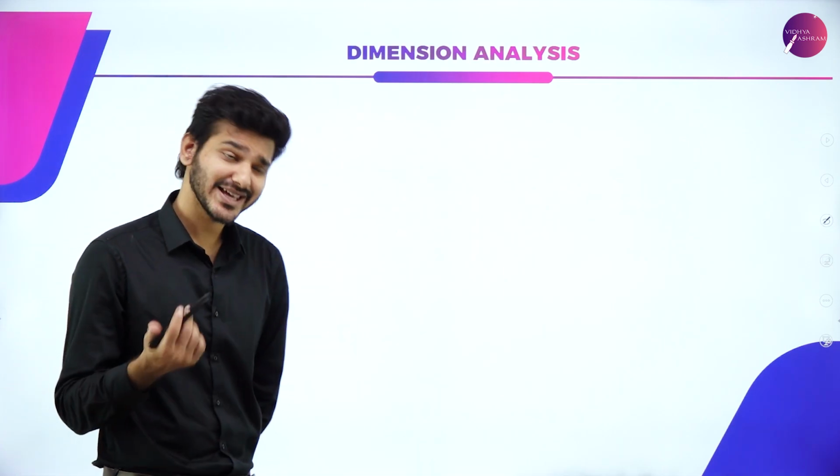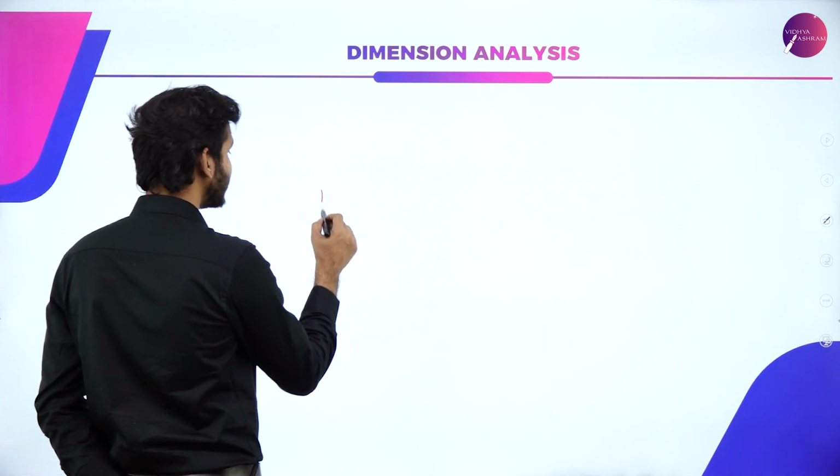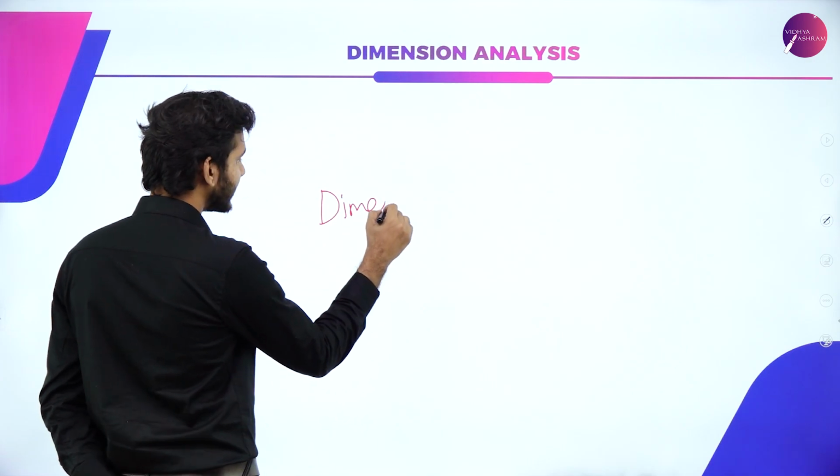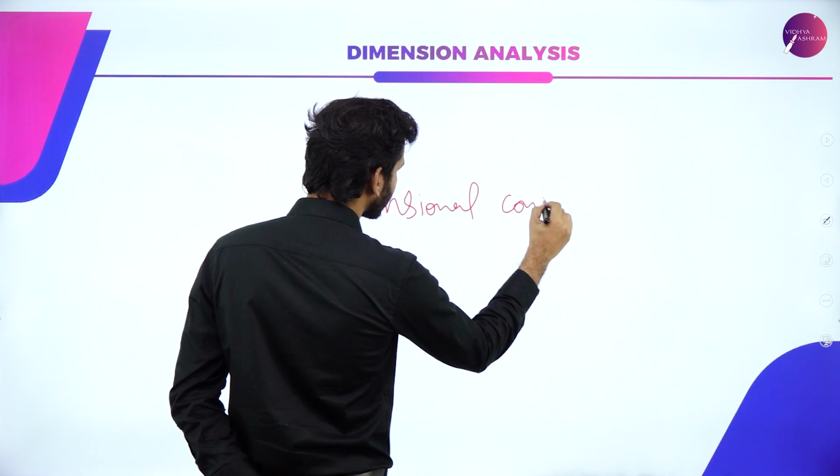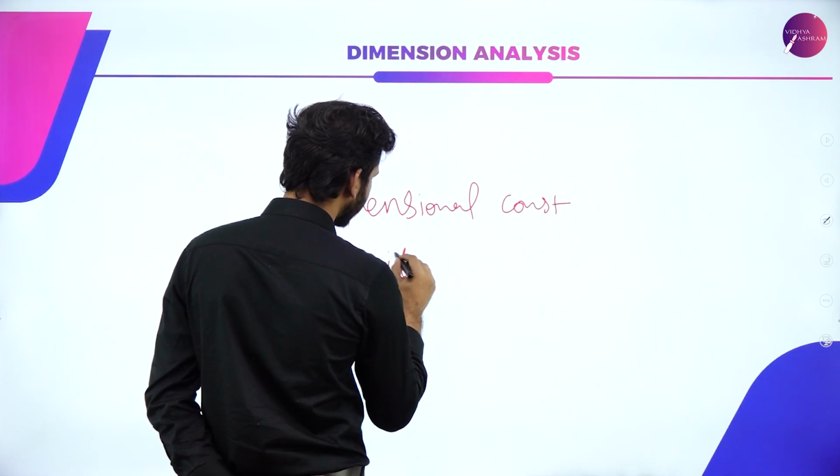One more drawback is that if there is a dimensional constant, it cannot be calculated.